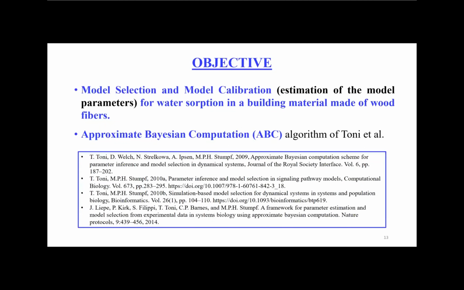Therefore, we come to the objective of this work, which was to select among 8 competing models the one most appropriate to represent the measurements of water content in a wood fiber construction material during controlled sorption experiments. The model parameters were estimated simultaneously with the model selection by applying the ABC algorithm of Toni et al., which can be found in these references below.